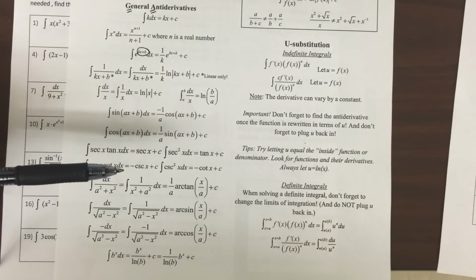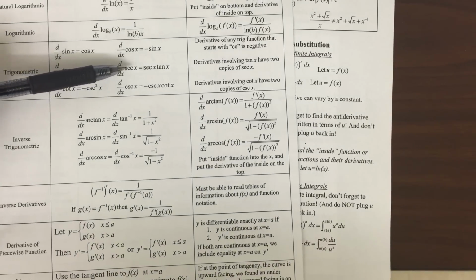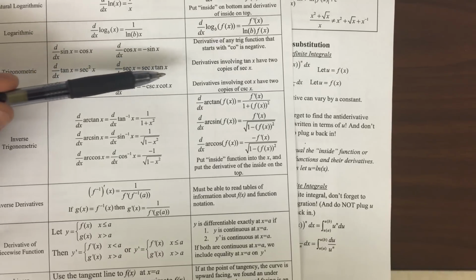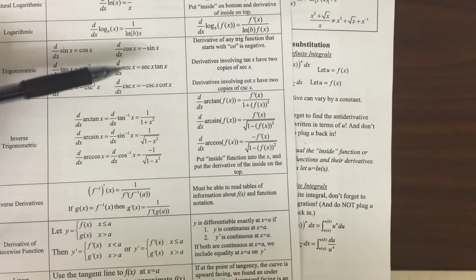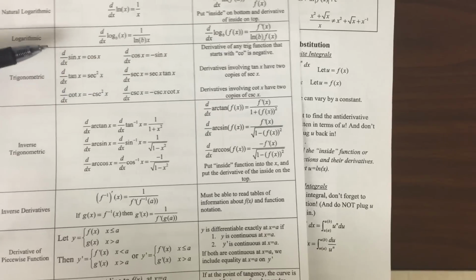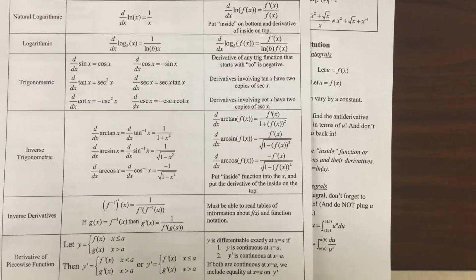This is just the opposite of these derivatives. The derivative of secant is secant of x tangent of x, so the antiderivative of secant of x tangent of x is secant of x. Once again, this is just going the opposite direction. So memorize these. If you memorize the derivative, then its antiderivative comes for free.